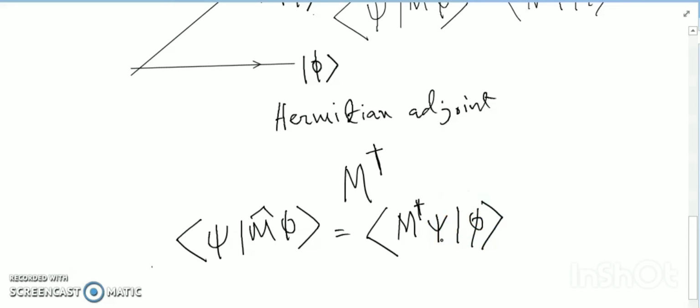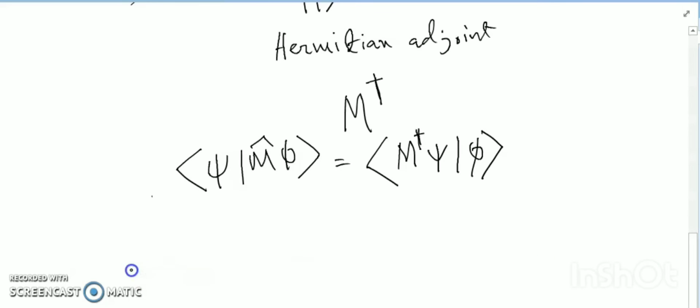This holds for any vectors phi and psi. Now there are a few properties of the Hermitian adjoint that I want to show you, but their proofs are not very enlightening. However, I encourage you to practice Dirac notation. So now I will discuss properties of the Hermitian adjoint.